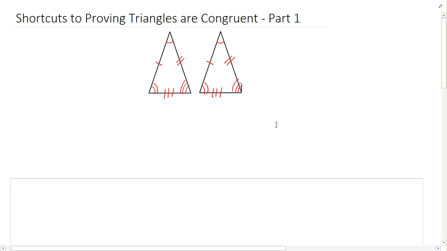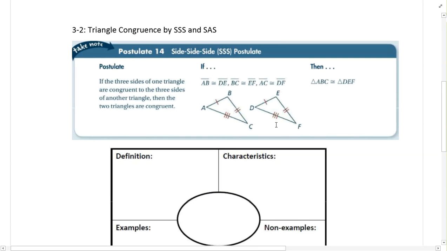All right, so the first 2 that we're going to look at are SSS and SAS. SSS, the first one, stands for side, side, side. And what it says is if 3 sides of one triangle are congruent to 3 sides of another triangle, then those triangles are congruent. So that's where the side, side, side comes from.